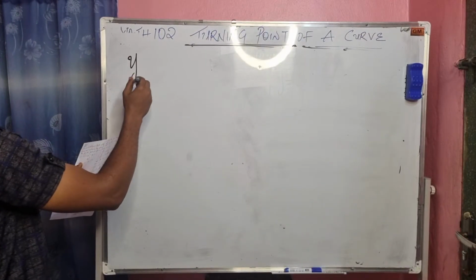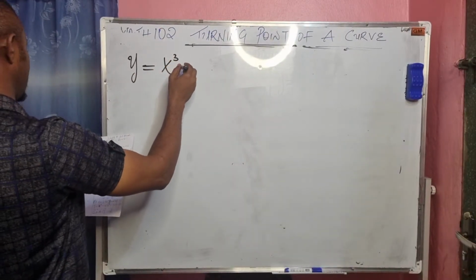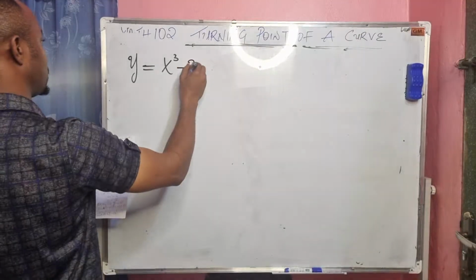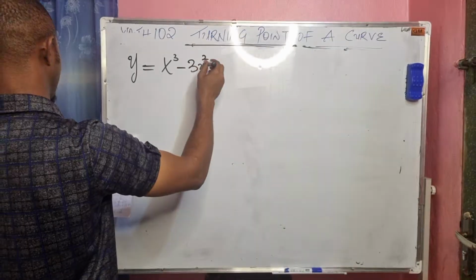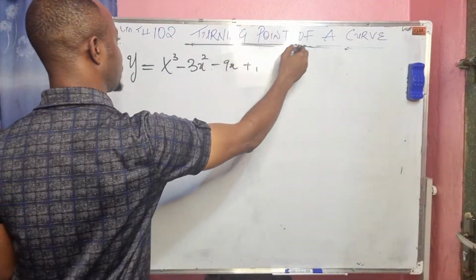We have y equals x cubed minus 3x squared minus 9x plus 1.